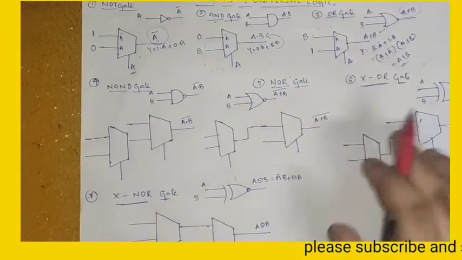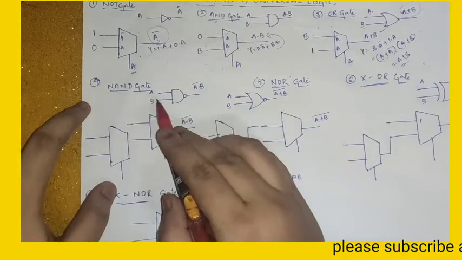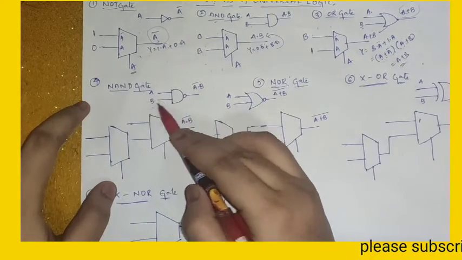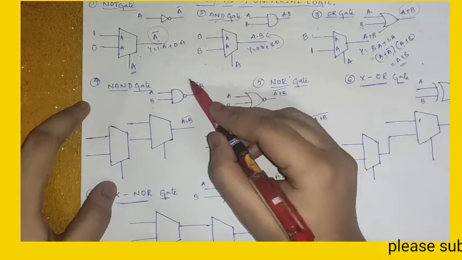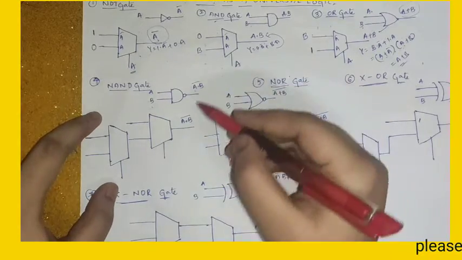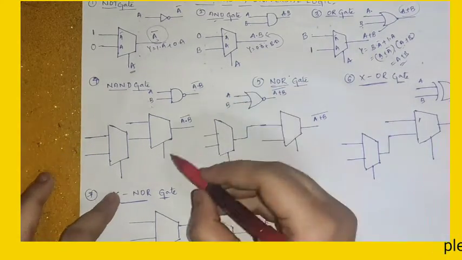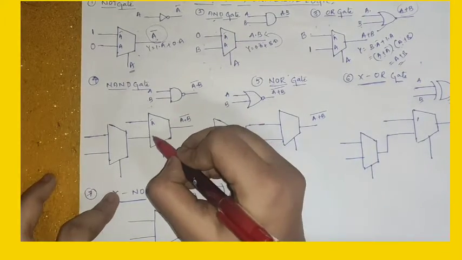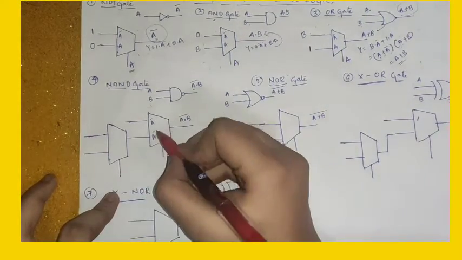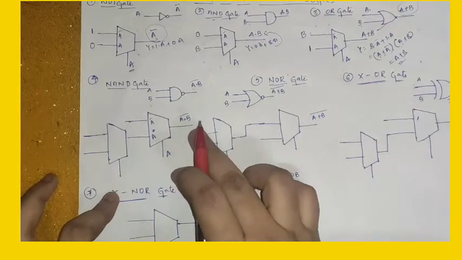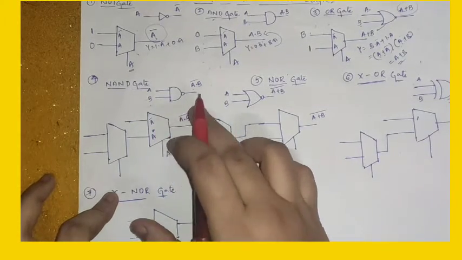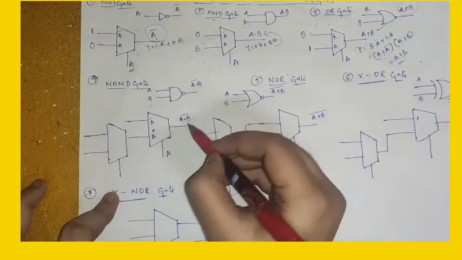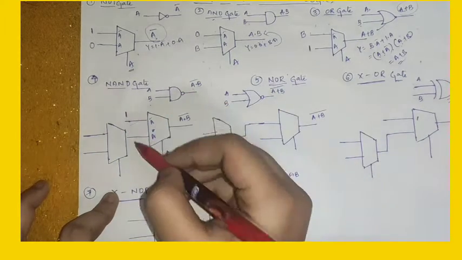And going for the NAND gate. NAND gate is nothing but if inputs are A and B, we get the output as A dot B whole bar. So to get that, here we need the selection line A. Here this is A bar and this is A. So to get A dot B whole bar, first we will give input as 1 here.